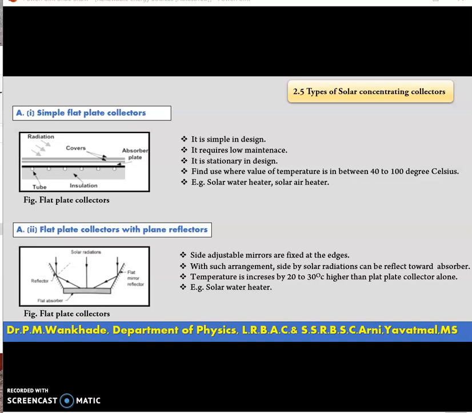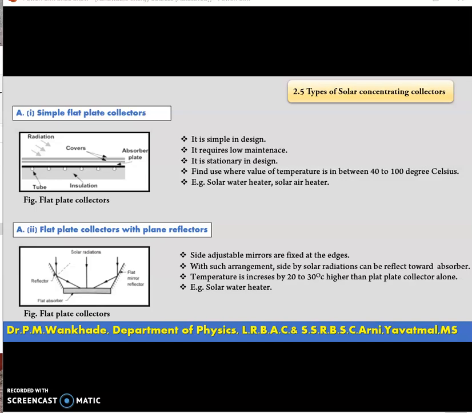The flat plate collector is shown in the figure. It consists of an absorber plate, which is indicated by the black one. It absorbs incident solar radiation received through transparent glass covers. The transparent glass covers let the solar radiation through, and it is then transferred to the liquid flowing through the tubes, which are connected to the absorber plate.